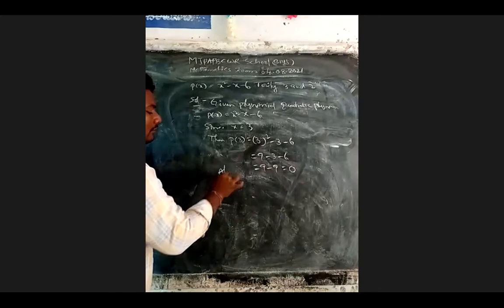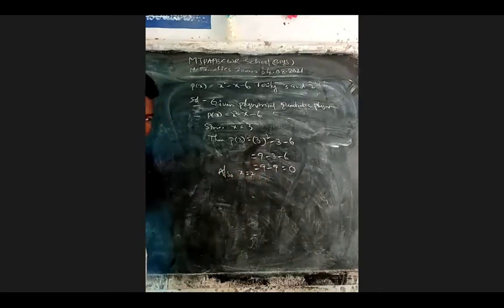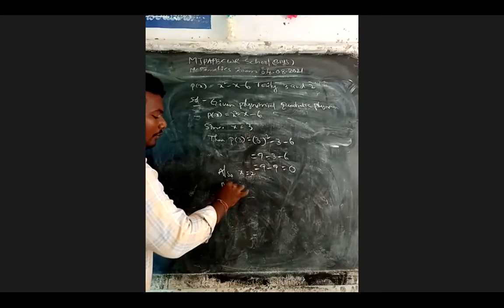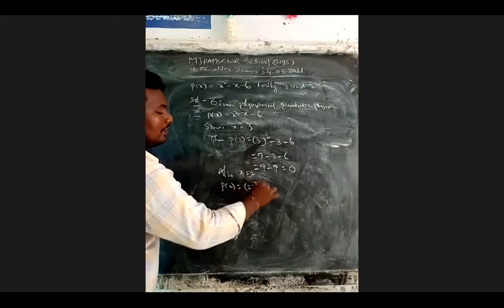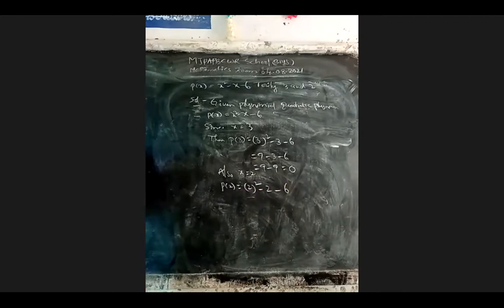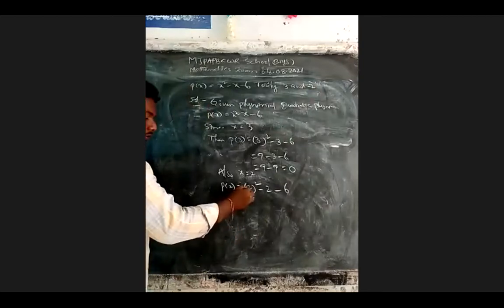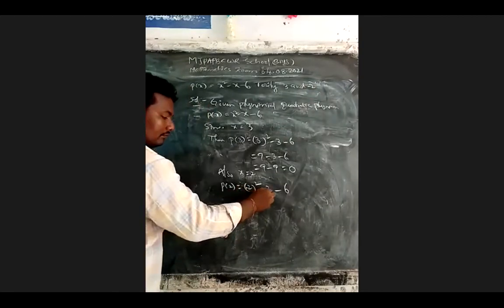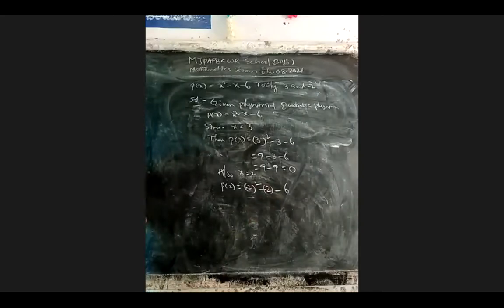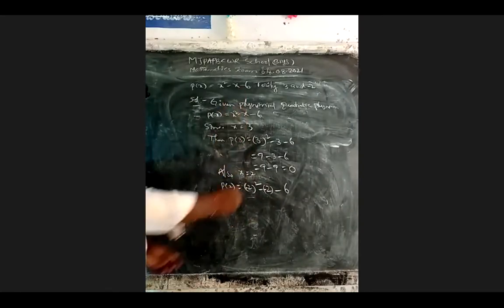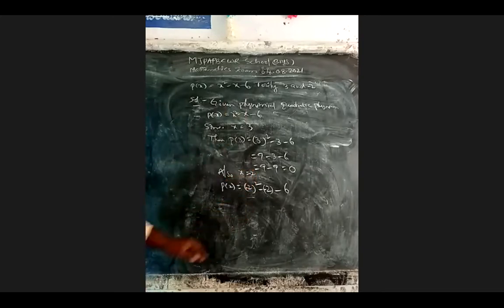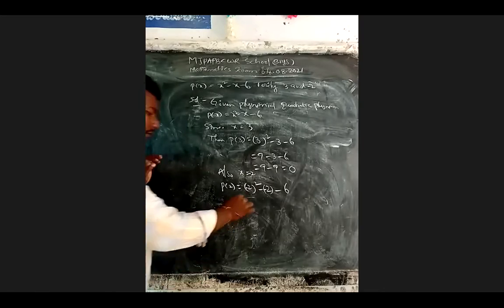Also, x equals 2. P of 2 equals 2 square minus 2 minus 6. I have taken minus 2, p of x equals minus 2. So minus 2 square is 4.